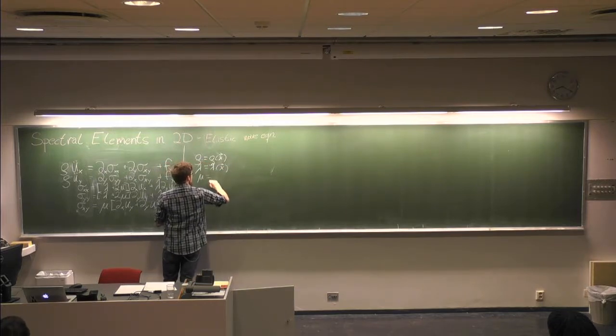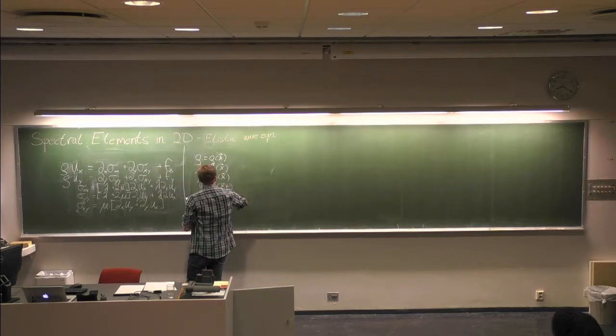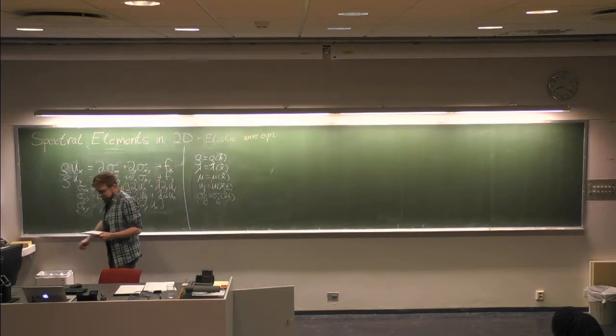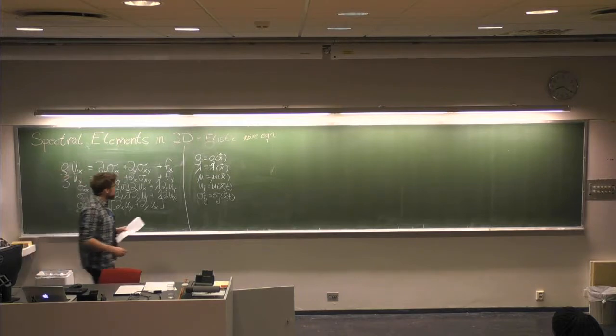Mu is mu of x, and u_i is dependent on both space and time, and the same with the stresses, sigma ij of x and t. Like so. So these are the same equations as for project alpha, if I remember correctly.